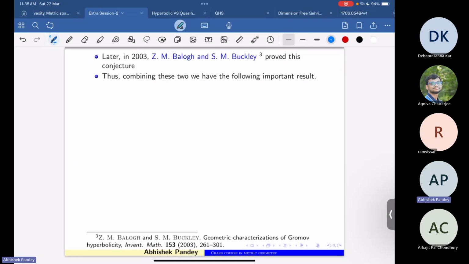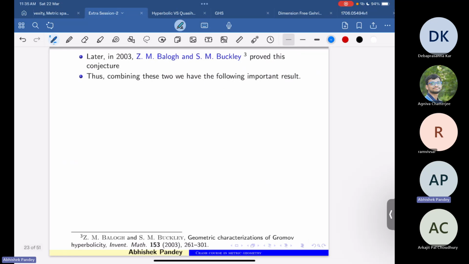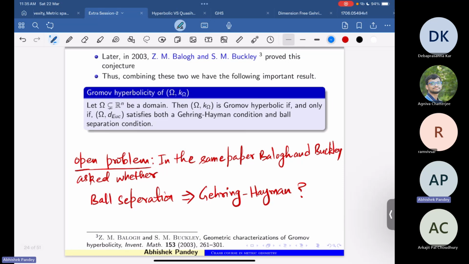Combining these, we have the following important result: a domain omega in R^n is Gromov-hyperbolic with respect to the quasi-hyperbolic metric if and only if (omega, d Euclidean) satisfies both the Gehring-Hayman condition and the ball separation condition. It is still an open problem, asked in the same paper by Balogh and Buckley, whether the ball separation condition implies the Gehring-Hayman condition or not.